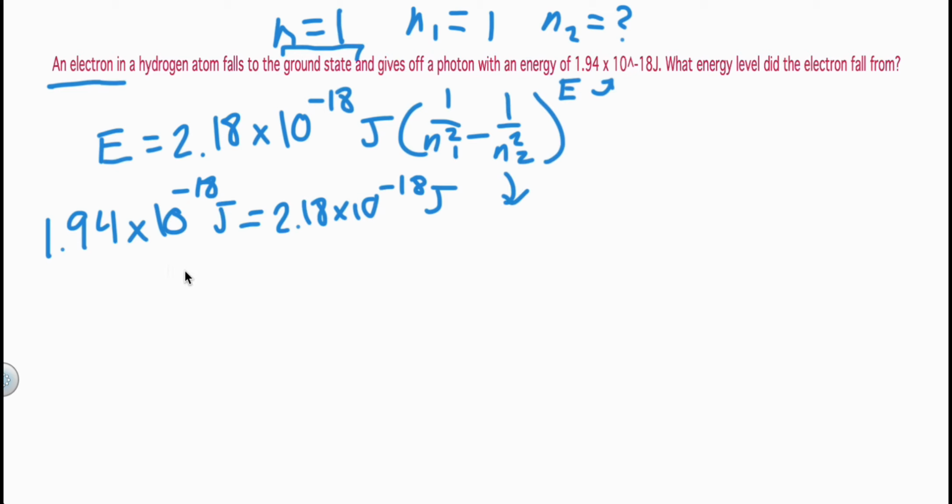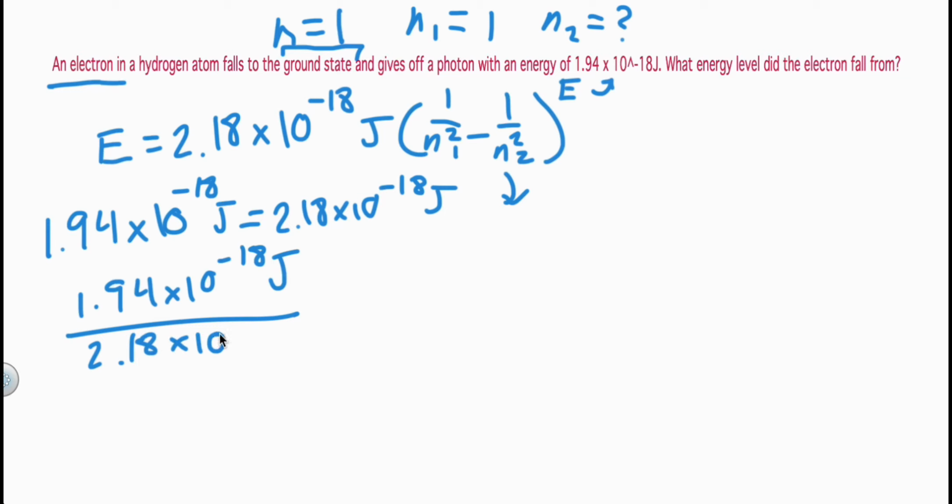So in order to solve this, we need to work it out algebraically. So let's do 1.94 times 10 to the power of negative 18 joules over, because we're trying to isolate this second n term variable, we have to move everything to the right, over 2.18 times 10 to the power of negative 18 joules.